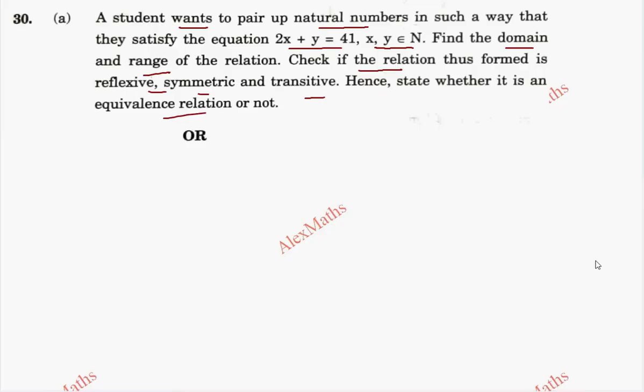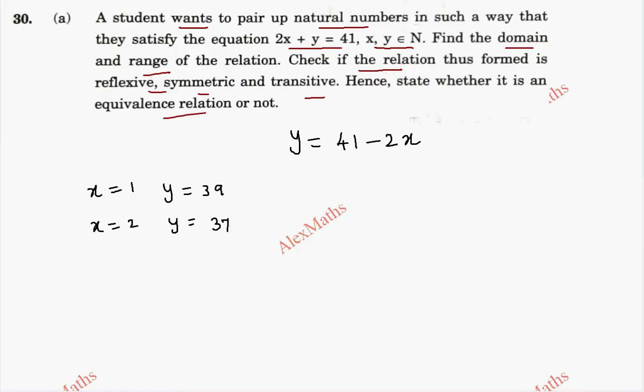From the given equation, let's write y equal to 41 minus 2x. Suppose if I take x as 1, if I put 1, we get y as 41 minus 2, which is 39. If I take x as 2, then y will be 41 minus 4, which is 37.